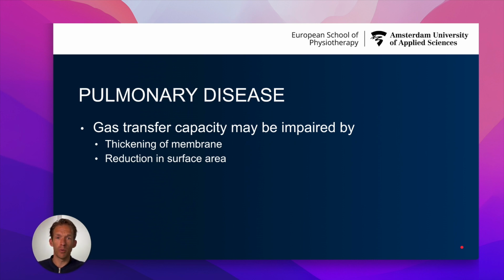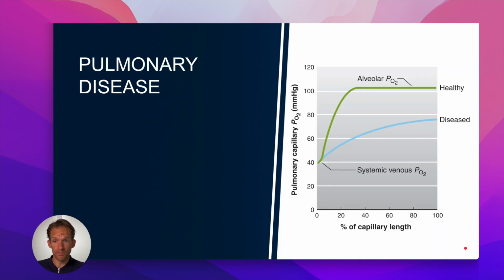So that can make the process a lot slower. But also a reduction in the total surface area. And remember the size of a tennis court as the metaphor for the entire surface of a normal healthy lung. Well, if that reduction is significant, then definitely diffusion can also be affected. So that's two examples of how a pathology can actually influence diffusion.